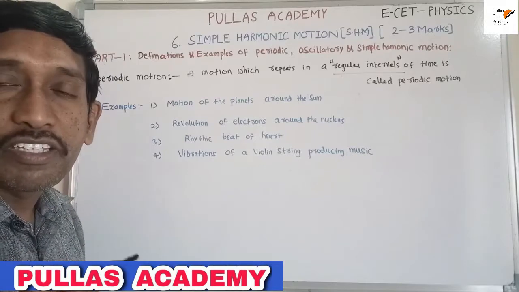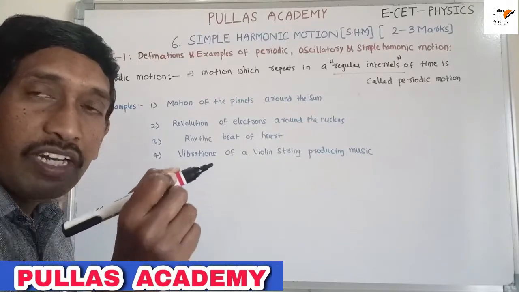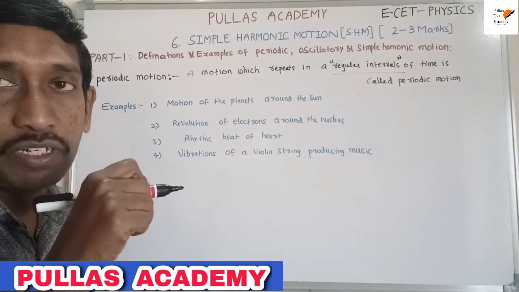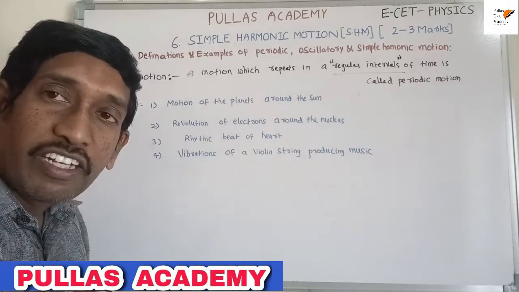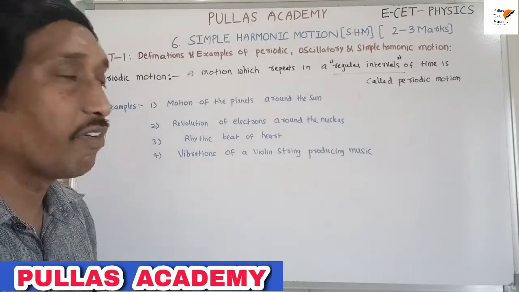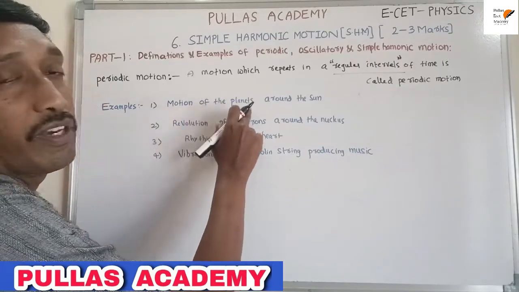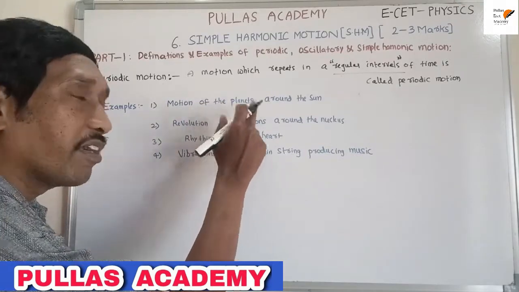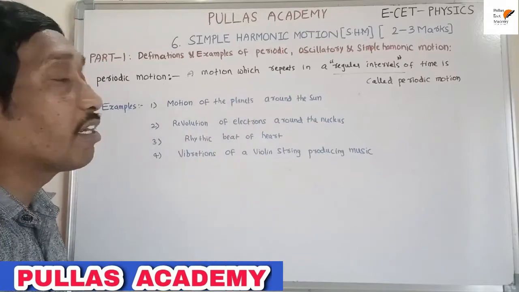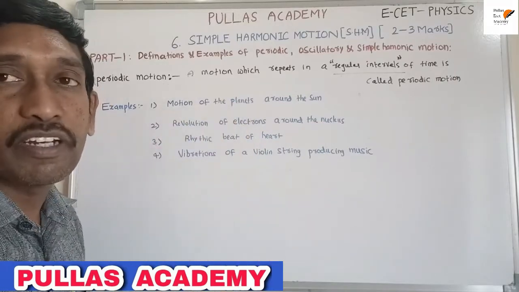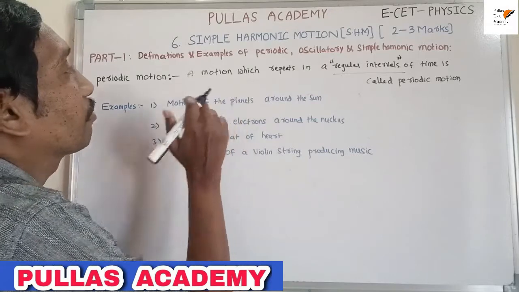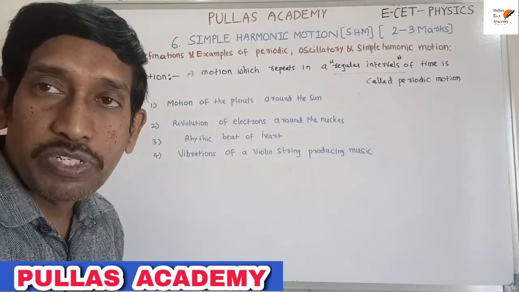That means nearly 1 year. In 1 year it completes 1 revolution. After 1 year again it completes its 1 revolution. That's why the motion of all planets, not only Earth, repeats in regular intervals of time. That's why it is one example of periodic motion.